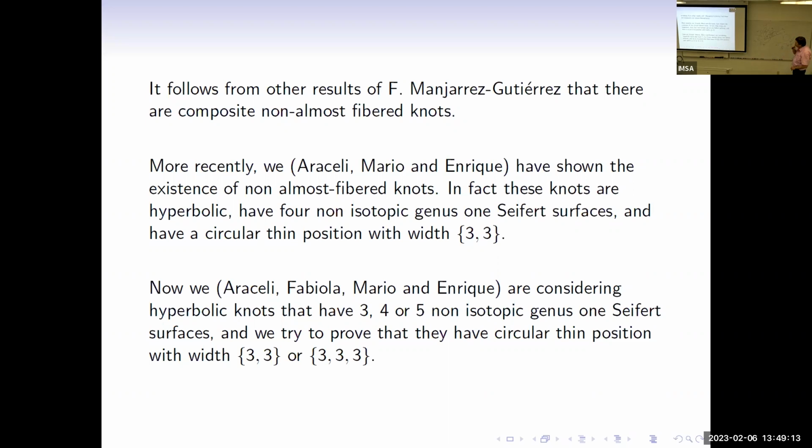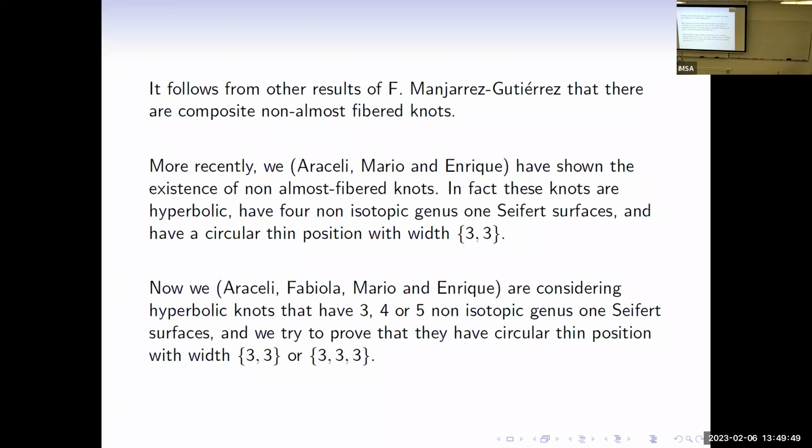Now Luis this morning talked about this genus one knot, but he wanted to determine the genus one complex of interest. We want something like finding the circular decomposition.